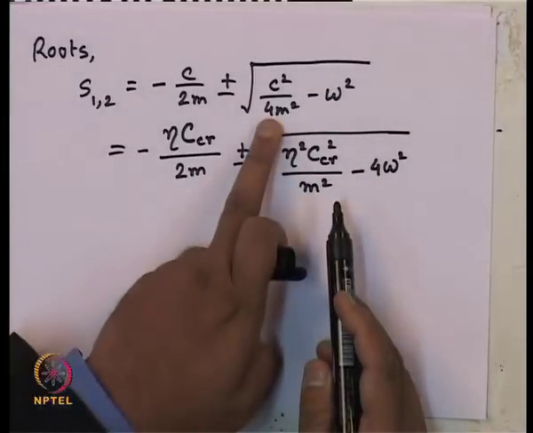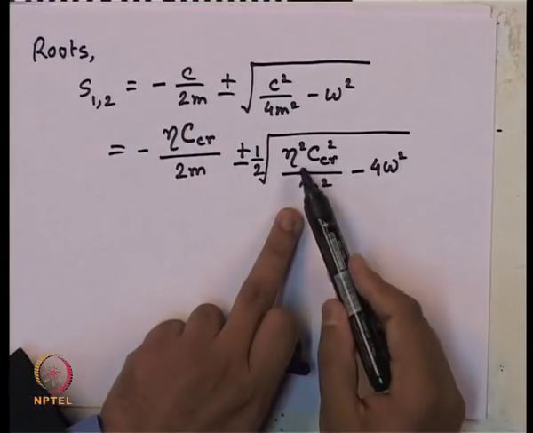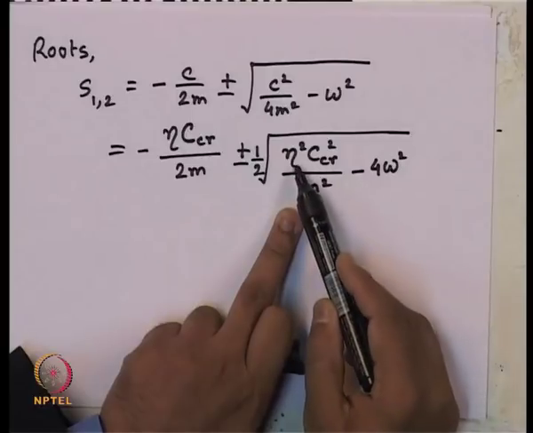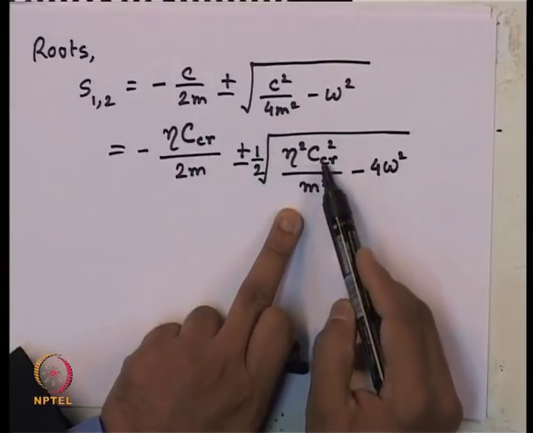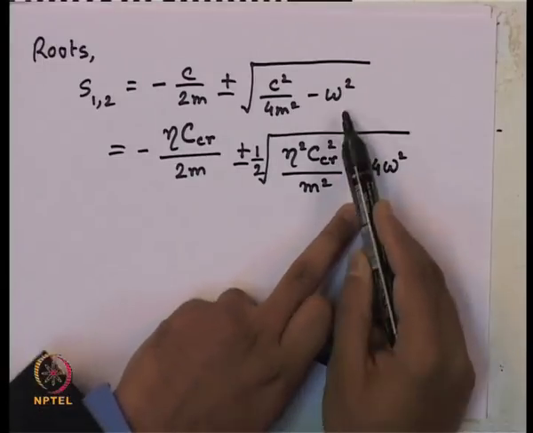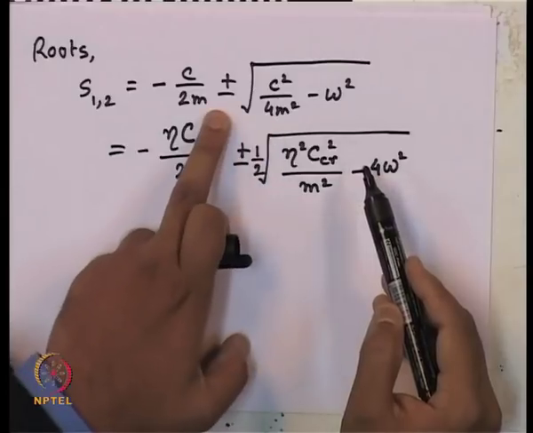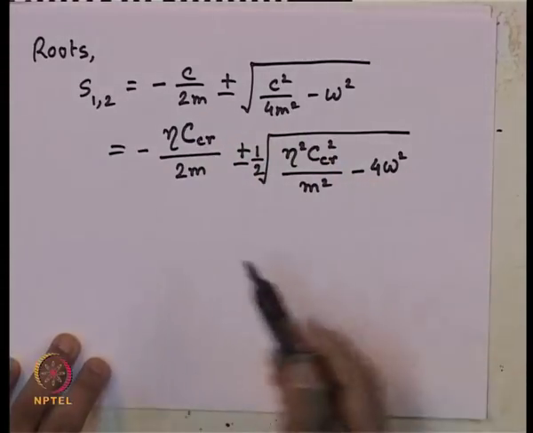So, 4 we have taken outside the root, so half I have taken here. c is nothing but eta times CCR, so c square is eta square CCR square by 4 m square, and as 4 is from the denominator, we have taken out 4 omega square.